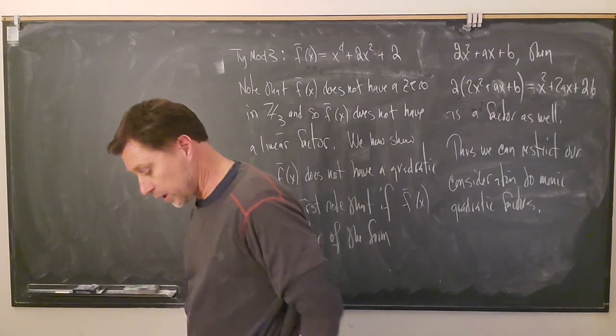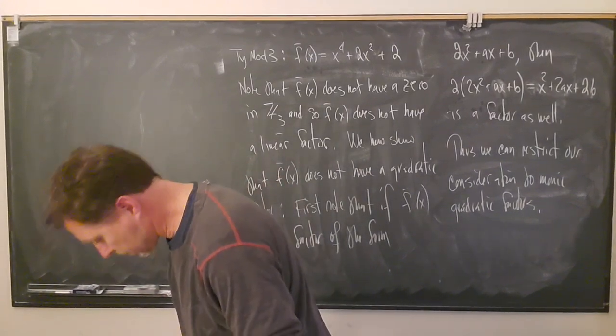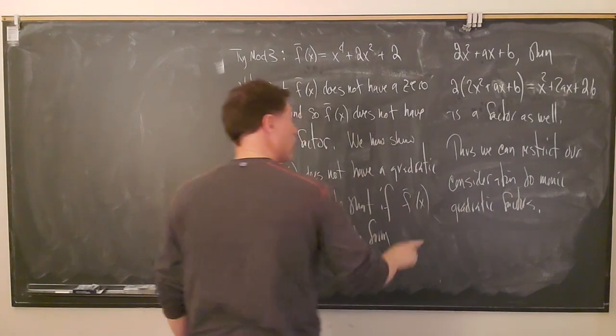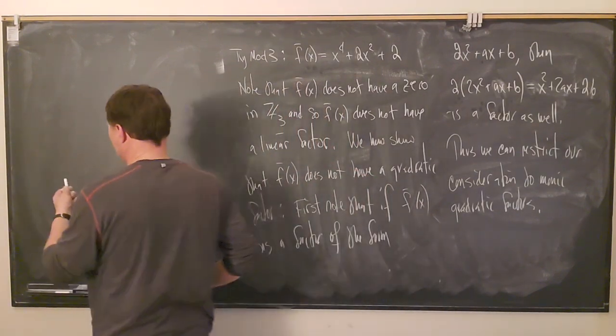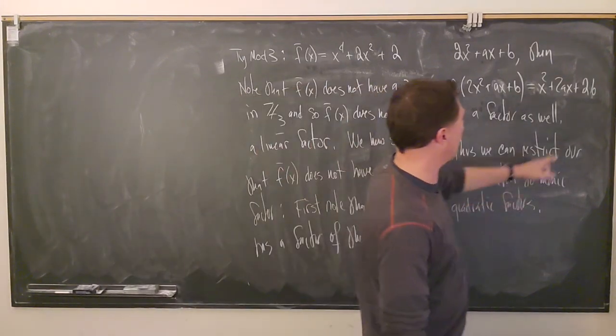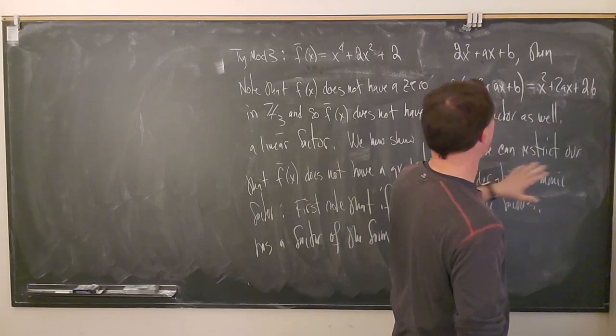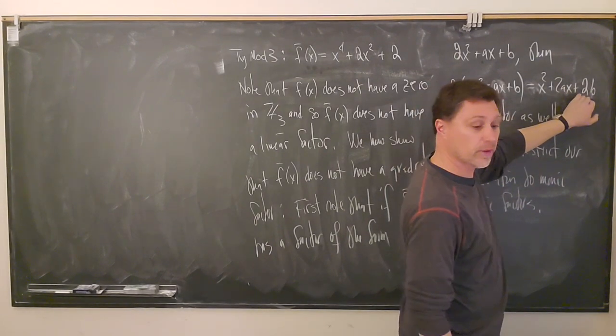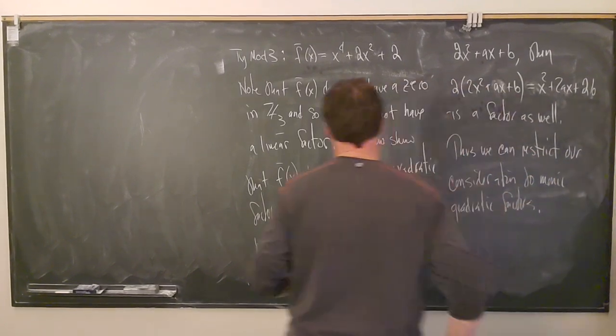Okay, so now we're working over Z3, and there are exactly 9 such polynomials, and so let's actually write them out. Why is there 9? Well, because I have 3 choices for the first entry, 3 choices for the second entry, so that gives us 9 altogether.